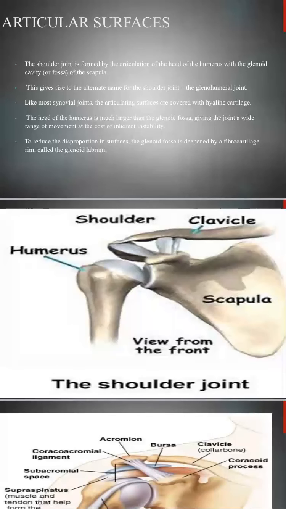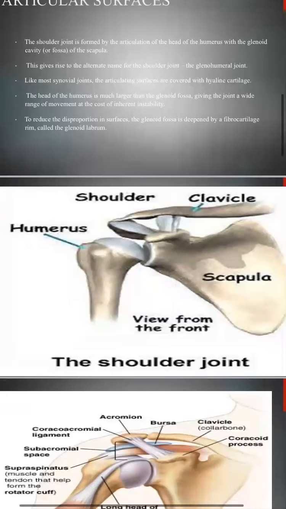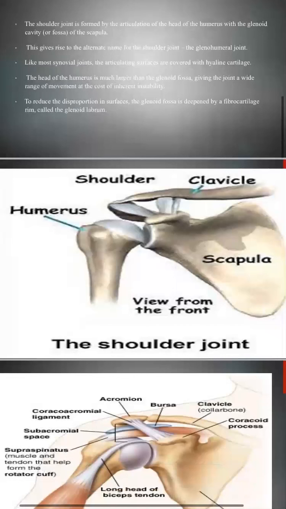Due to the participation of the glenoid cavity of the scapula and the head of the humerus, the joint is also called as glenohumeral joint. This is a synovial joint, and the type of the joint is ball and socket joint. Each and every synovial joint has its surface covered by a cartilage called hyaline cartilage.